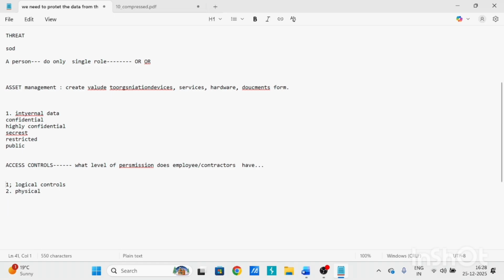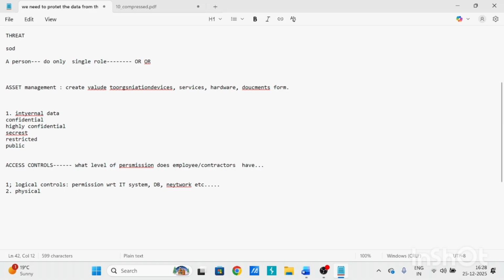Okay, logical controls come into the picture when permissions with respect to IT systems, databases, and networks come in.